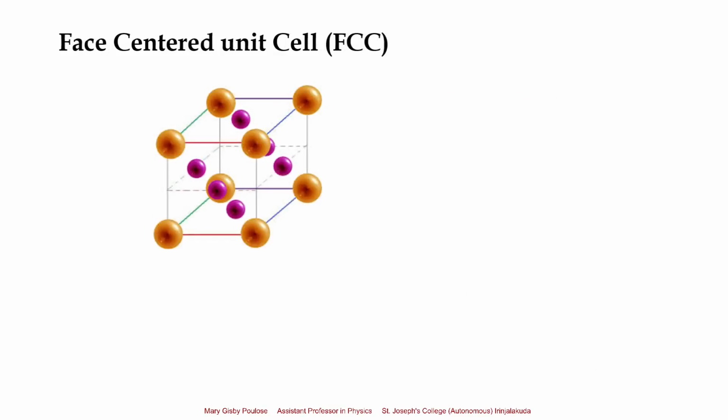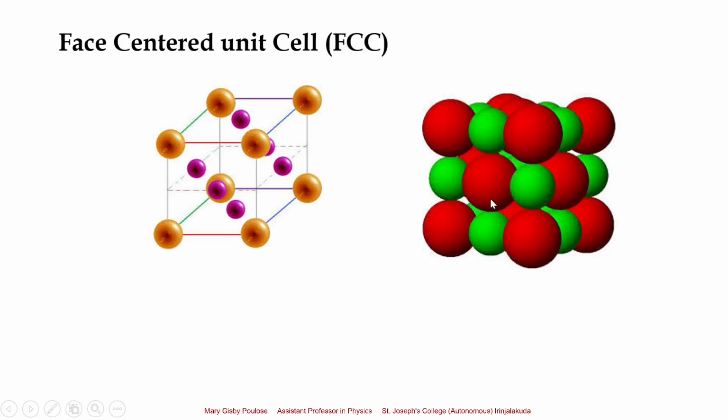The next type of unit cell is the face-centered unit cell, FCC. This is the structure of the face-centered unit cell. We have 8 corner atoms and an atom placed at the center of all the faces of the cube. Here, the face-centered atoms will be in contact with the corner atoms.